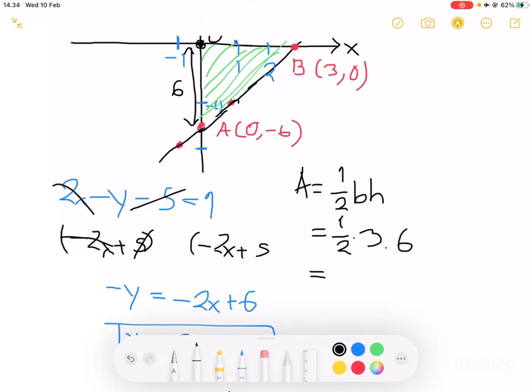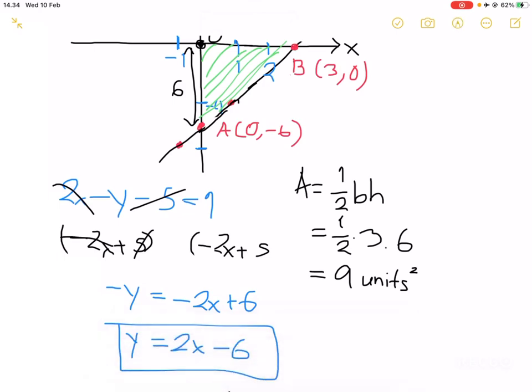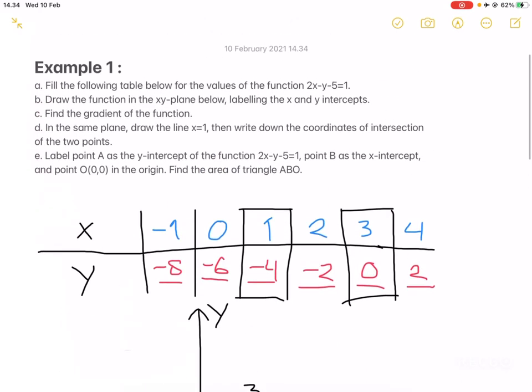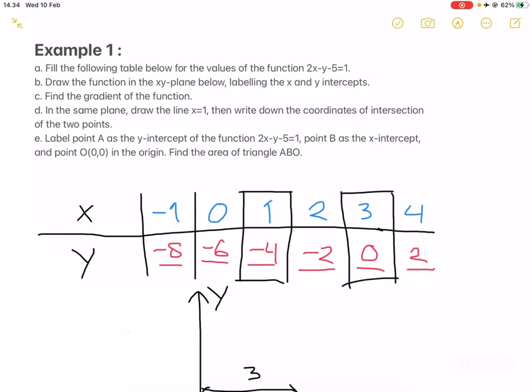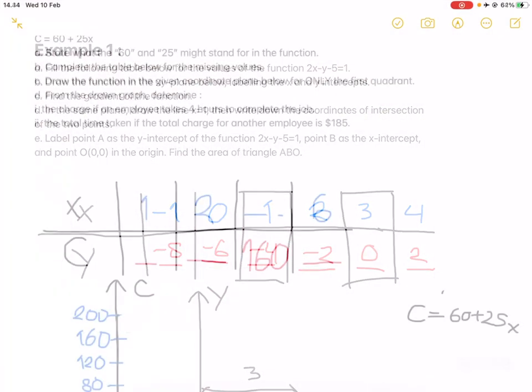And then calculating this, we get that our area will be 9 units squared. I'll just write the units right here. So our area for our triangle right here will be 9 units squared. So that's it for our first question. Let's get into the next one.